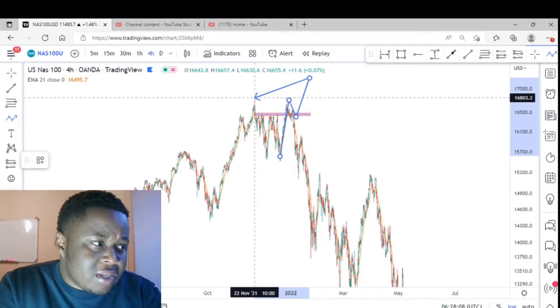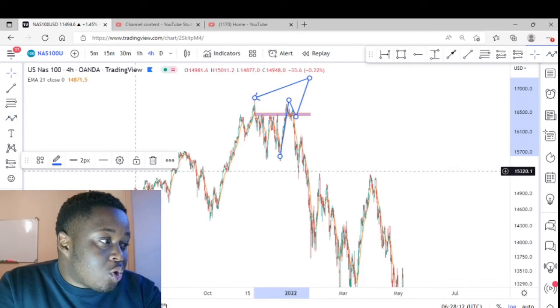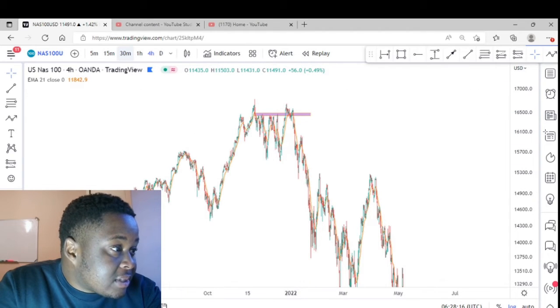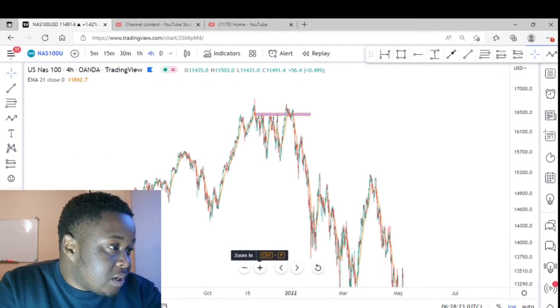So now you're like, okay, since it couldn't break the previous higher high, and if you look closely there, it's the same pattern as this, but on a smaller time frame. Let's just zoom in so I can show everybody.